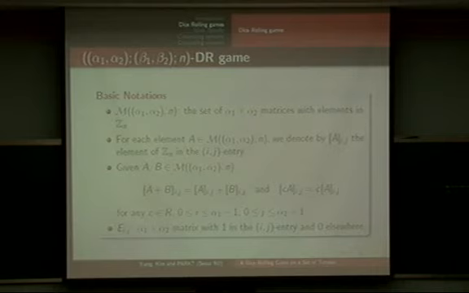Also, we assume that the first component and second component of every subscript in this slide are reduced to mod alpha 1 and mod alpha 2 respectively. Also, given matrices A and B, addition and scalar multiplication are normally defined. We denote by E sub ij a matrix with 1 in the ij entry and 0 elsewhere.